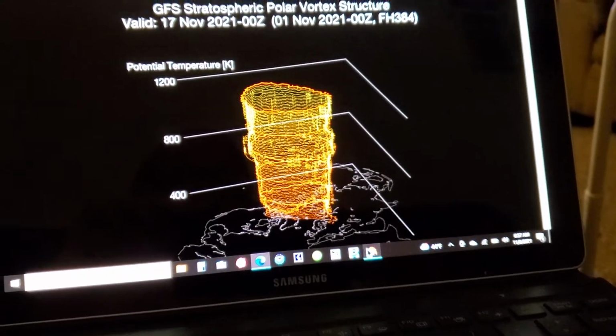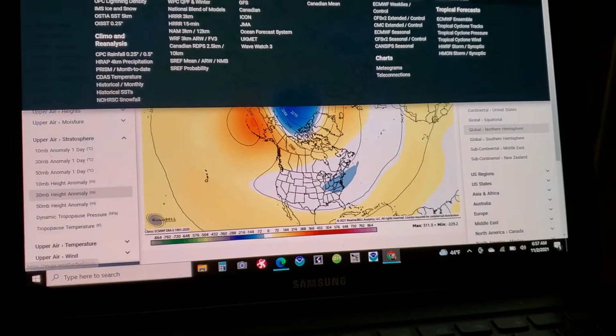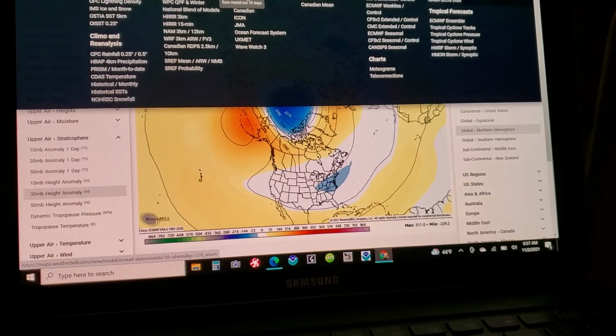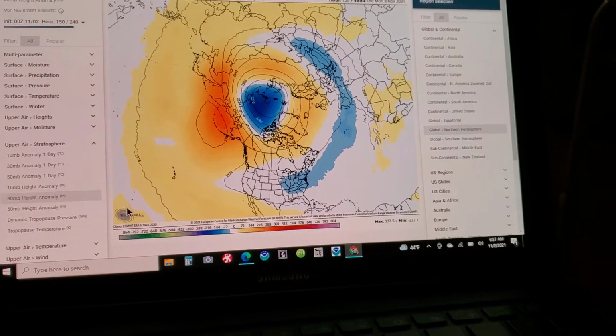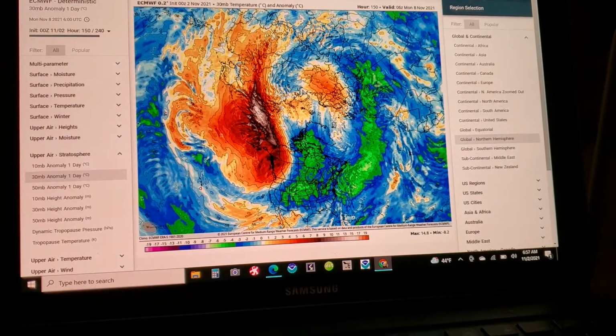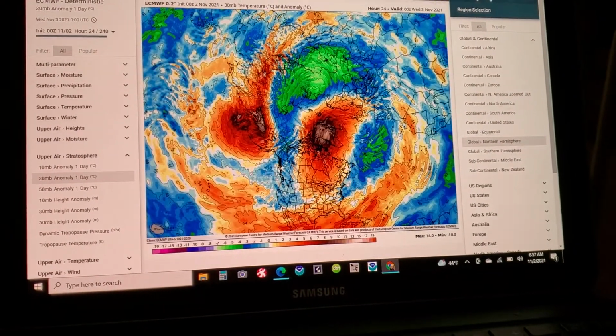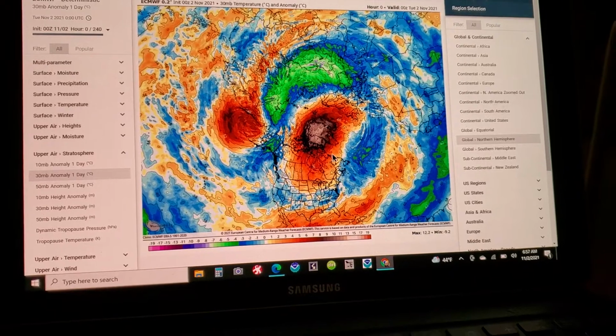I'm going to go back and look at the European. And I like looking at the 30 day here. So this is where we currently are.